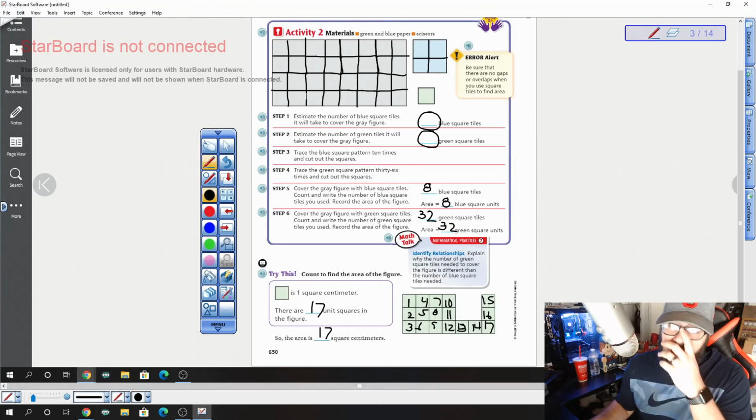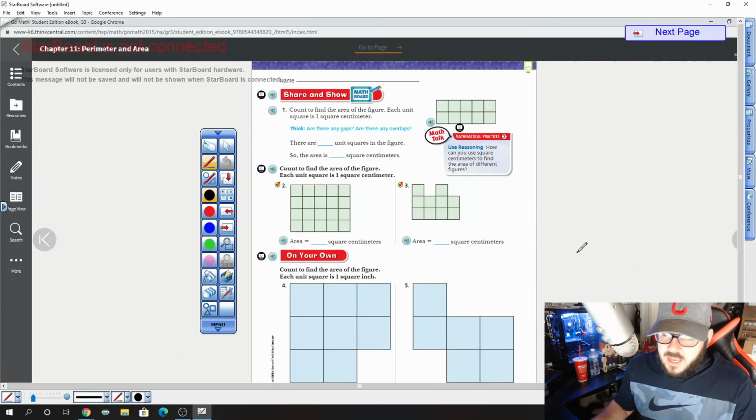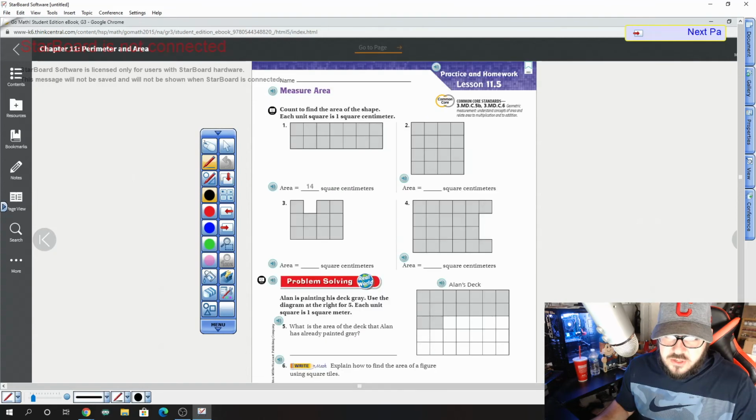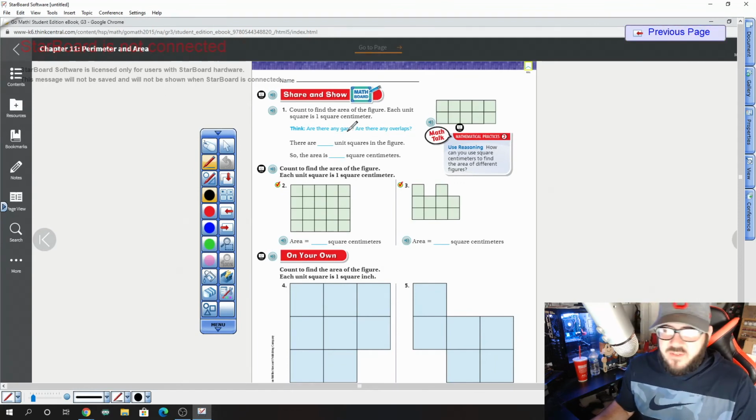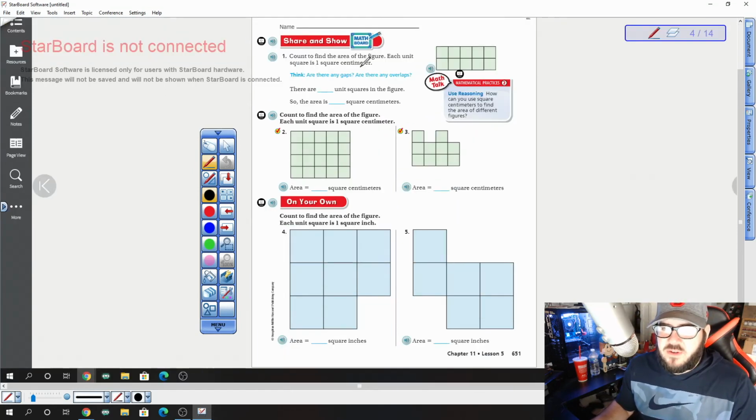Okay? We're also going to do page 651 together. Okay, very simple. So again, we're doing the same thing we just did on the last problem. We're counting to find the area of the figure. Each unit square is 1 square centimeter.